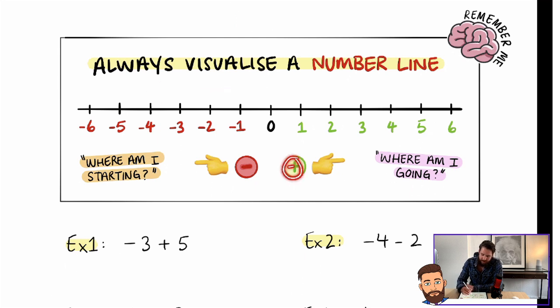And if we add something, we're going to be going right. These two questions here are really important. I've written two questions that are going to make negative numbers a lot easier for you: Where am I starting and where am I going? That will make things a lot easier, especially when you're visualizing that number line.